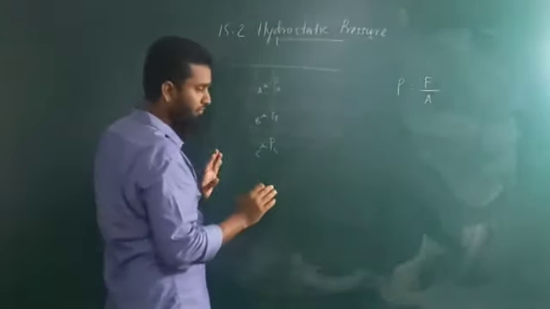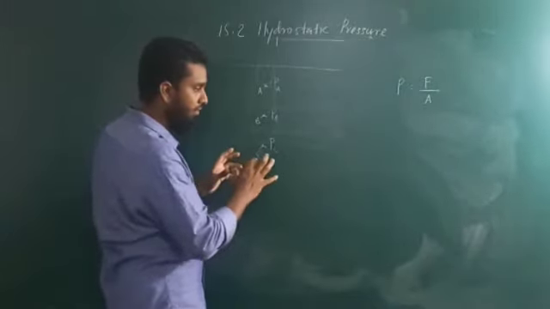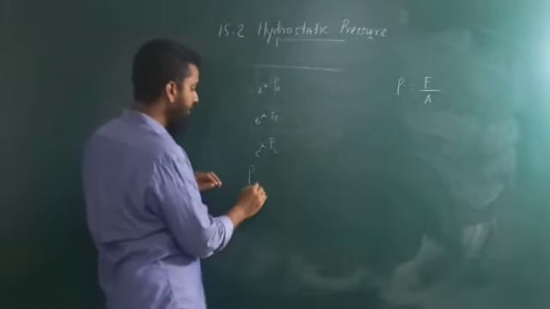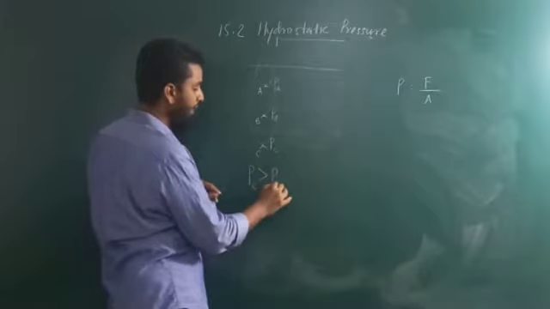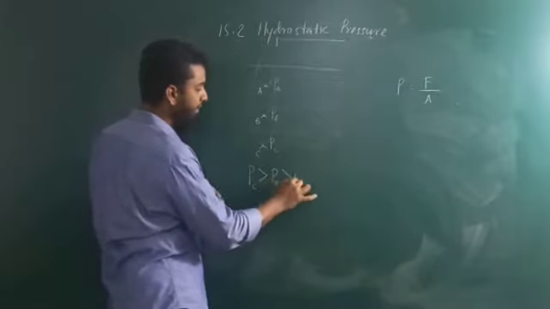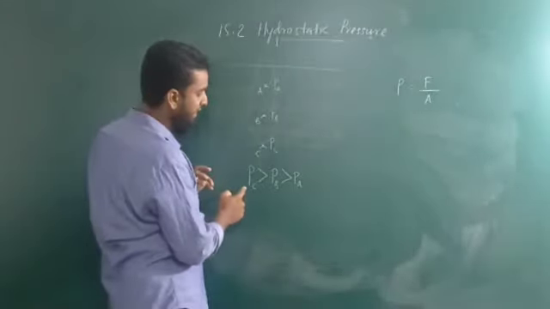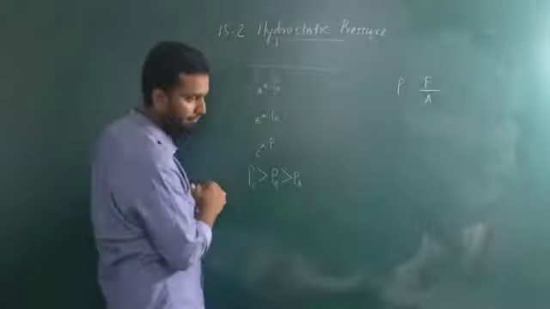Therefore, without understanding the phenomena behind the liquid pressure, you can easily say the pressure at place C should be higher than at B, and higher than at A. PC is more than PB, and PB is more than PA.